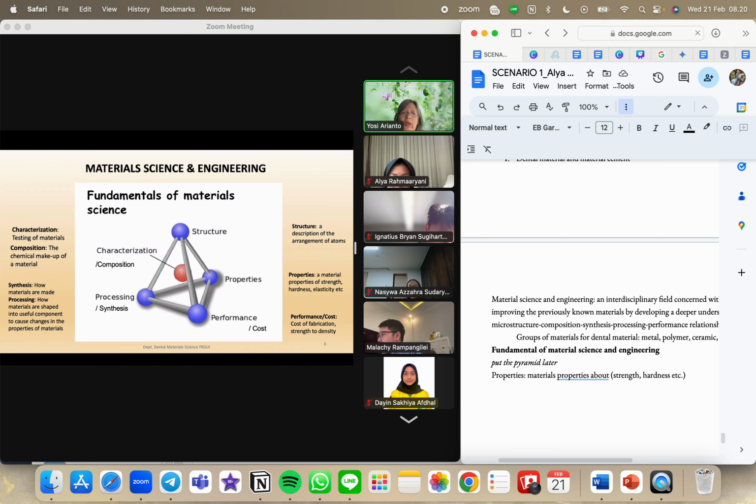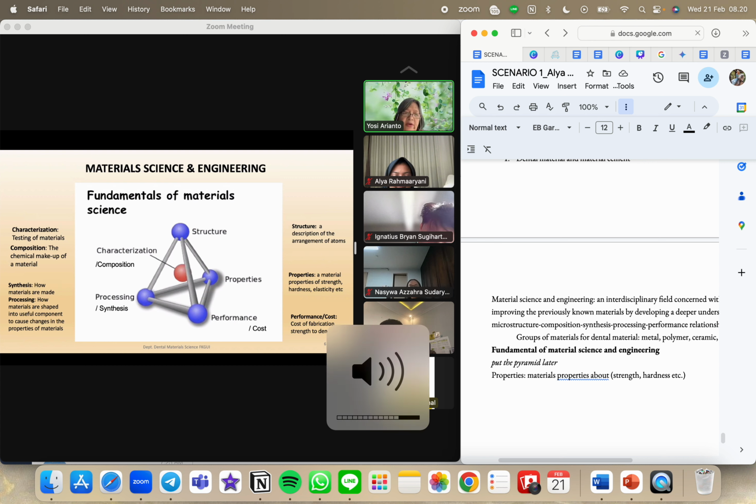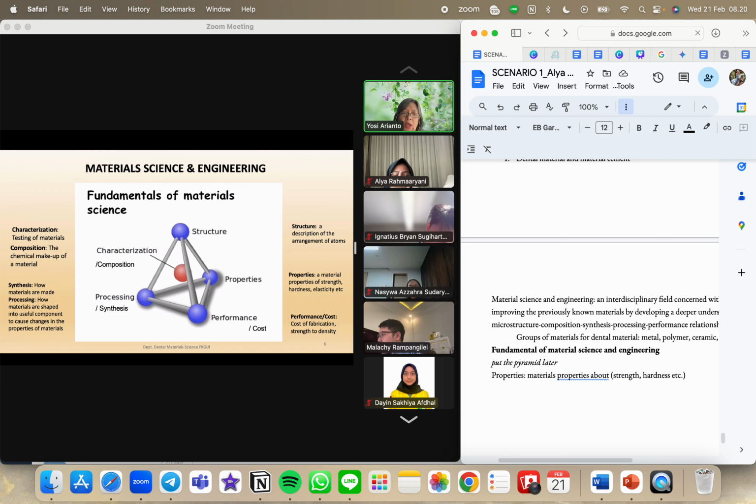Yeah, and it depends also on the groups of the materials. And then inside here, which connects to these structures, performance, and this is the composition or the characterization of the materials.